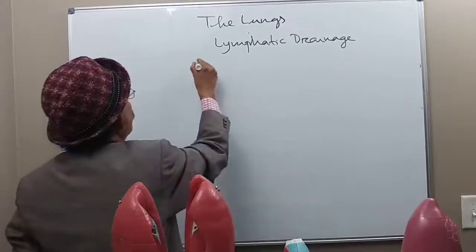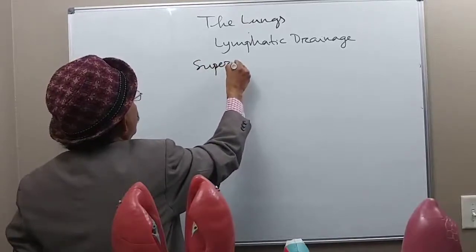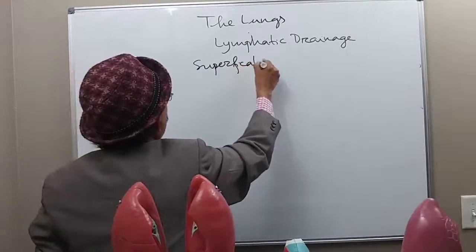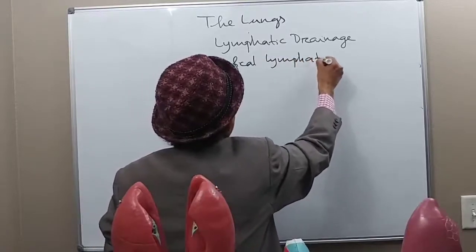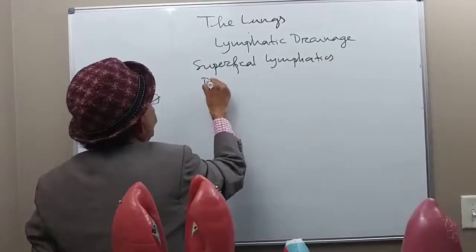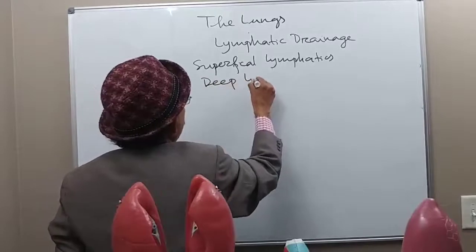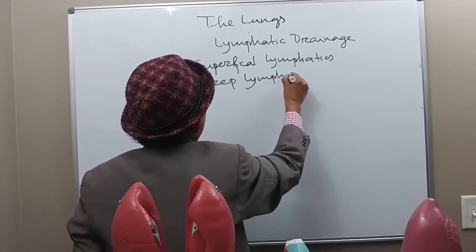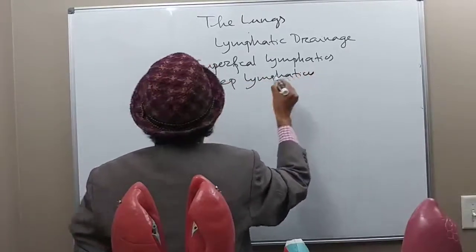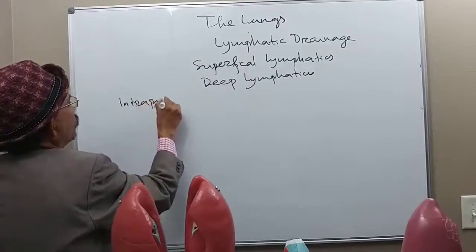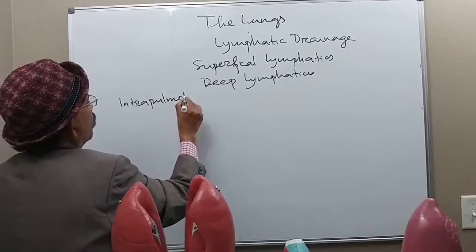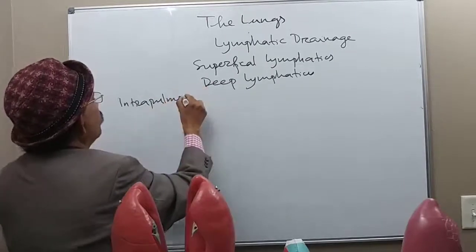So we have superficial lymphatics and deep lymphatics. We have intrapulmonary lymph nodes.